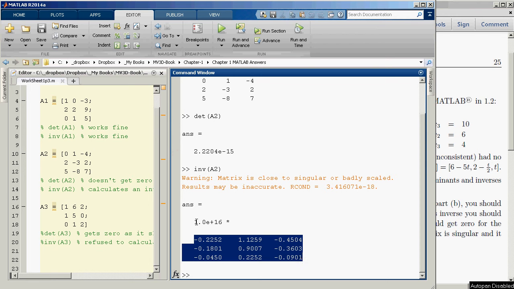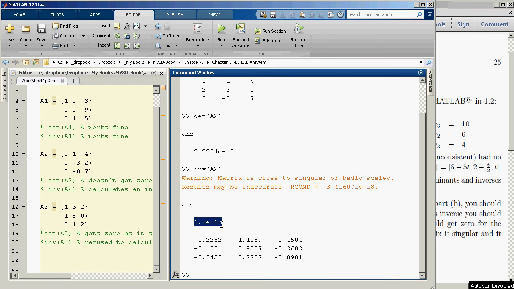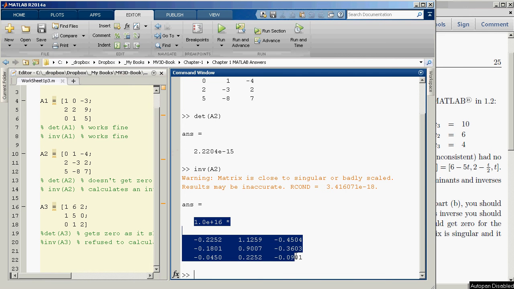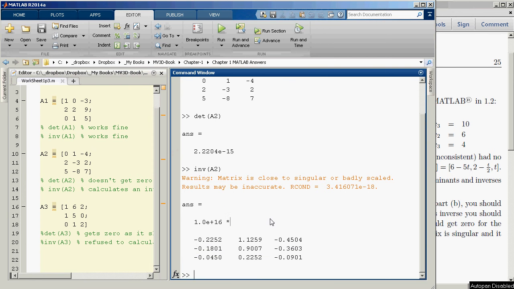But what you need to notice is that this entire matrix is multiplied by 1 times 10 to the 16. That is a huge number. This is a matrix of huge numbers, and that's a result of eventually dividing by values very close to 0. So that's a problem. There is no inverse, but it produces one. It's a weird one, but at least you get an error message.